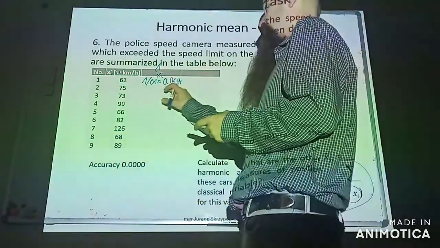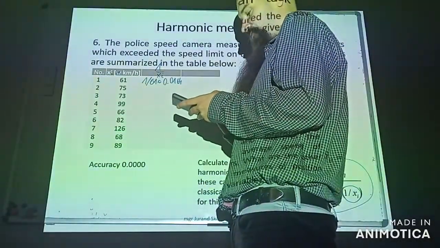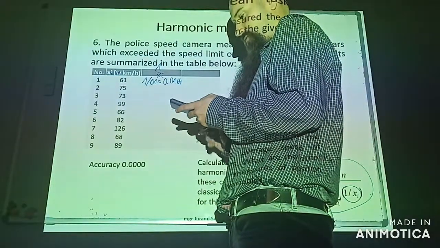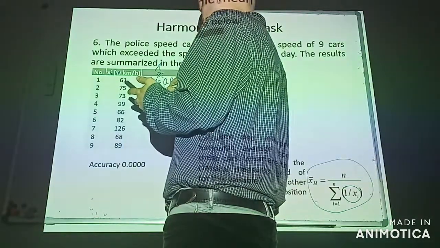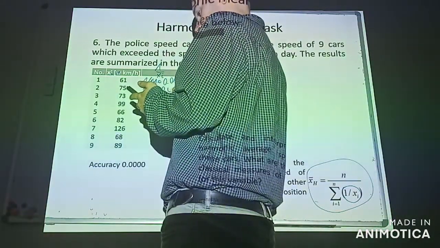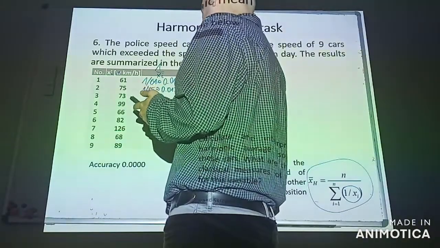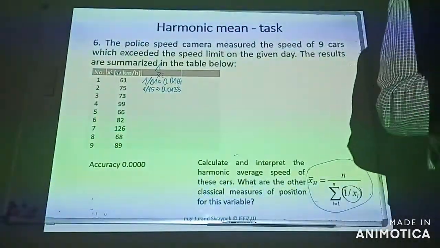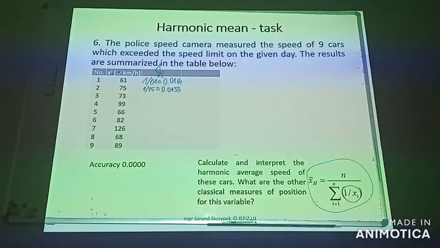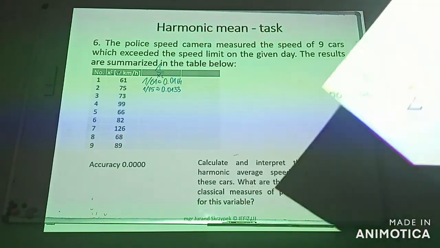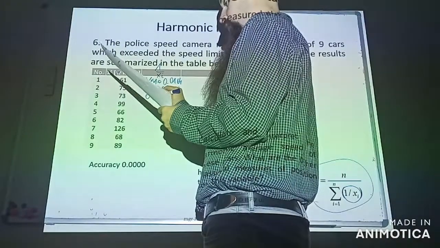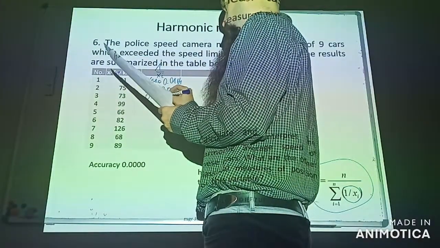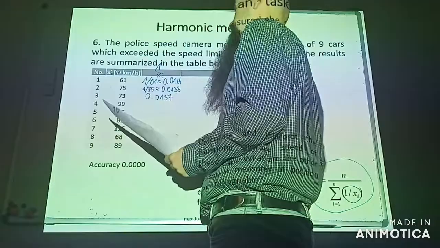In the next row we have 1 divided by 75, and we have 0.0133, 4 places after the dot. I ensure this kind of approximation, and the next values are following: 0.0137.